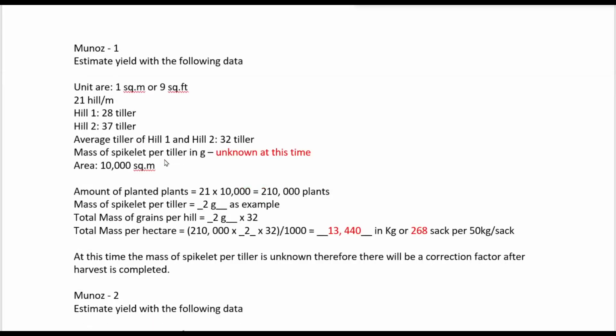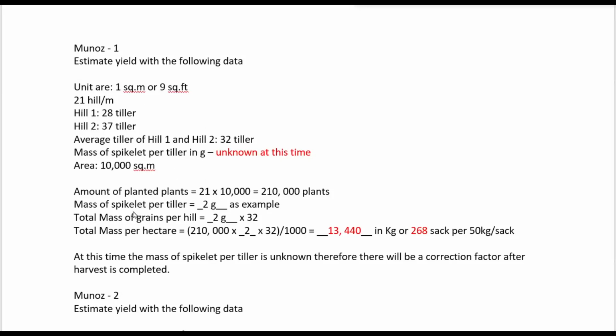Moving on to Munoz, we went to 2 different places. Place 1, or Munoz-1, I call it, we counted 21 hills per square meter. We counted hill 1 and hill 2, and 32 tillers is the average. Again, 10,000 square meters.